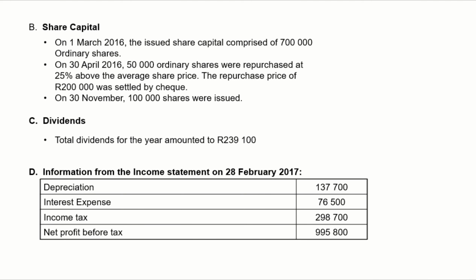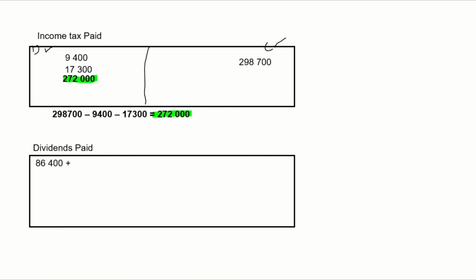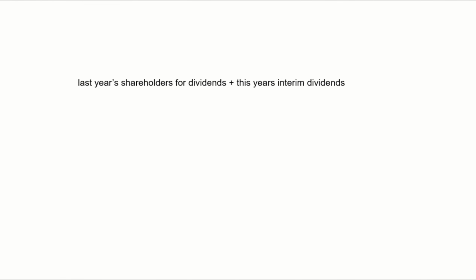So now, this is just basic math. You're going to take the total dividends, subtract the shareholders for dividends. Then you're going to get the interim dividend. All right? Let me show you how. So now, we come here and we're going to say the total dividends for the year, which is 239,100.